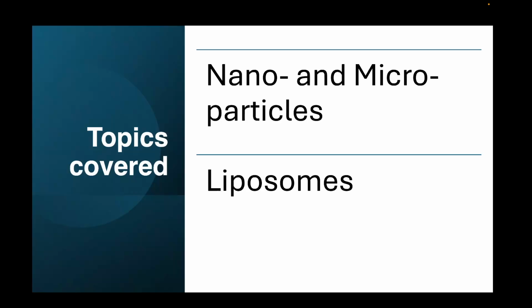So nanoparticles are basically particles from 1 to 100 nanometers in size, and microparticles are particles from 100 nanometers to 1 micrometer. Based on these, the synthesis of these particles was discussed using either the single emulsion method or the double emulsion method.